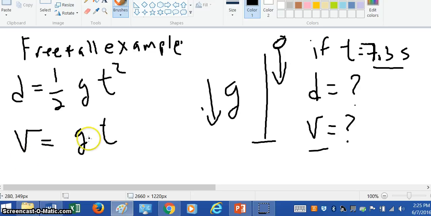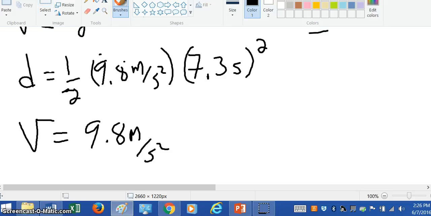We just plug in the time of 7.3 seconds, and I'll do that below. Okay, so I've begun to write these using the 7.3 seconds. Here's the equation for the distance: 1/2 times 9.8 times 7.3 squared. And for the velocity, it's g times the time, so it's 9.8 times 7.3 seconds.